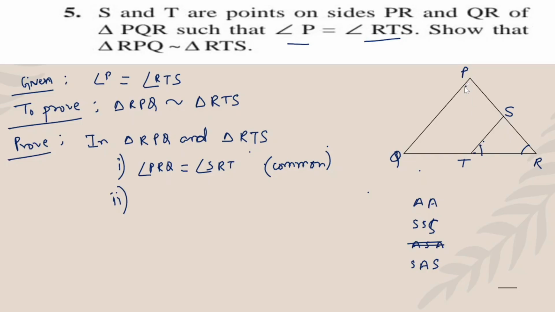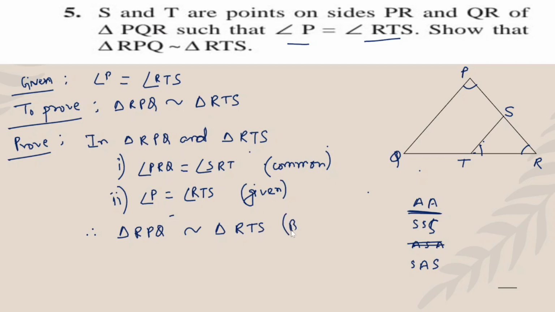So we found two angles equal for both triangles, so we can use the AA rule. Therefore triangle RPQ is similar to triangle RTS by the AA rule.